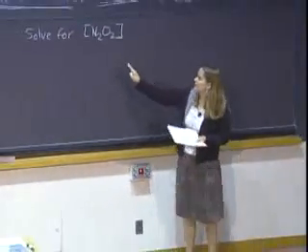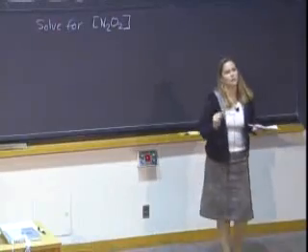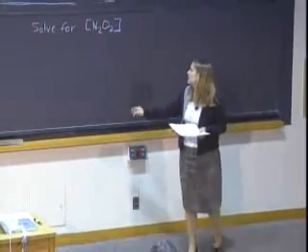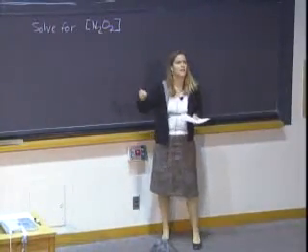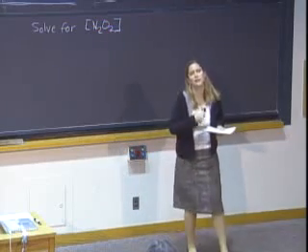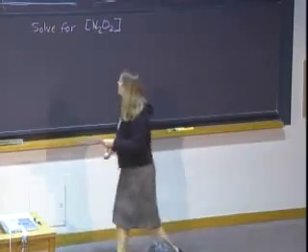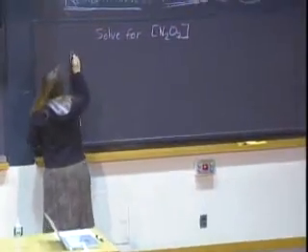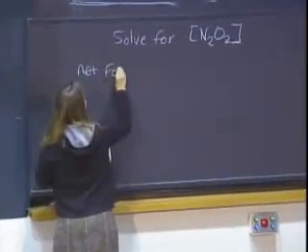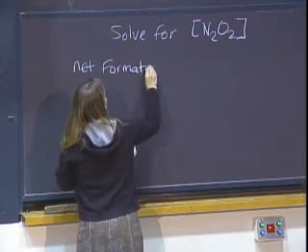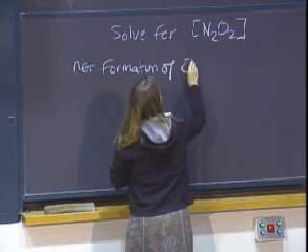So we need to consider then how this intermediate N2O2 is being formed, and how this intermediate is being consumed or decomposed. So we want to figure out the net formation of the intermediate.